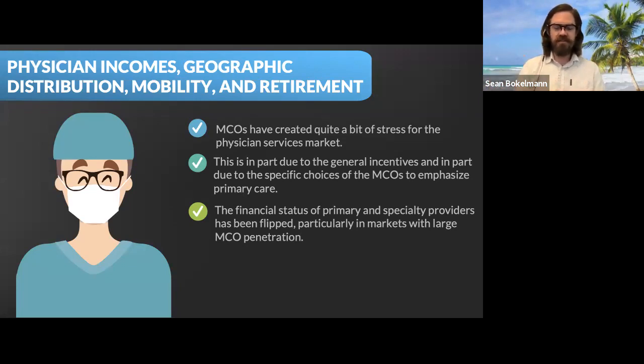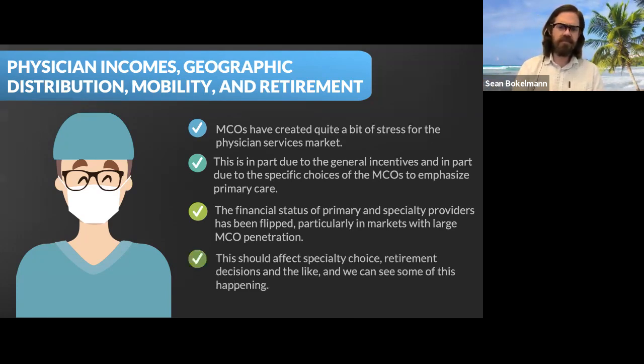And so that's something that might impact the decisions of physicians, right? We might see fewer physicians deciding to become specialists and more of them becoming primary care providers if MCOs become more and more prevalent. Okay, so not only is it affecting specialty choice, but it could also affect the retirement decisions as well.